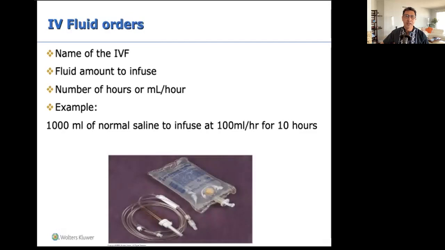Fairly straightforward, but most of the time some of the parts are missing, so it is up to us to calculate what's missing. Maybe the physician ordered 1,000 mL of normal saline to infuse at 100. How long is that going to run? Then we have to do a little bit of calculation, and this is what we're going to talk about here.